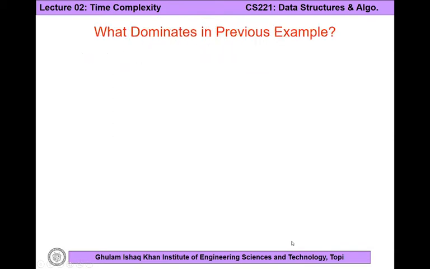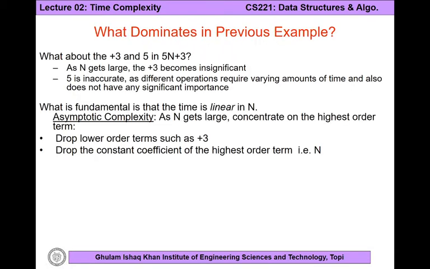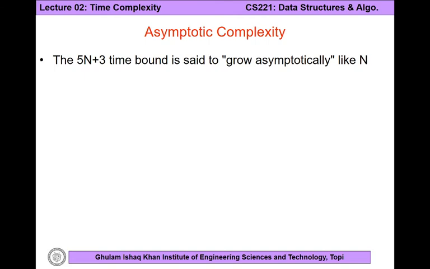So coming back to what I was saying, this 5n plus 3 time bound is said to grow asymptotically like n. Now, before going to the details of this growth function, let me explain asymptote, right? To give you a different example, suppose you are a student in a class, and you are a hardworking student, right?